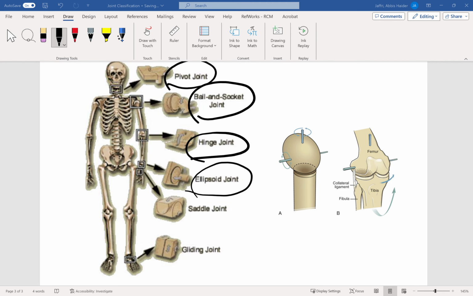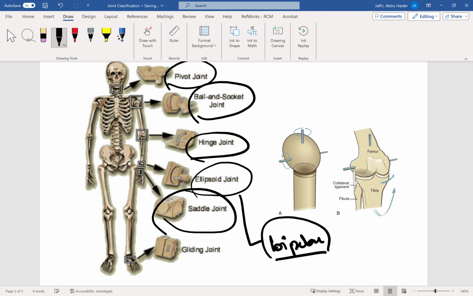So these type of joints are biaxial joints. Okay, and biaxial means that they have movement in only 2 axes and 2 planes, usually flexion, extension, and abduction, adduction. We don't usually see rotation in these joints.